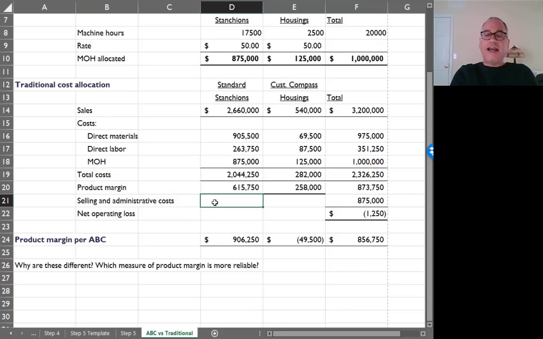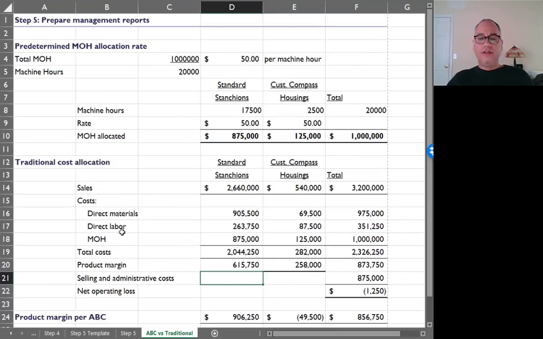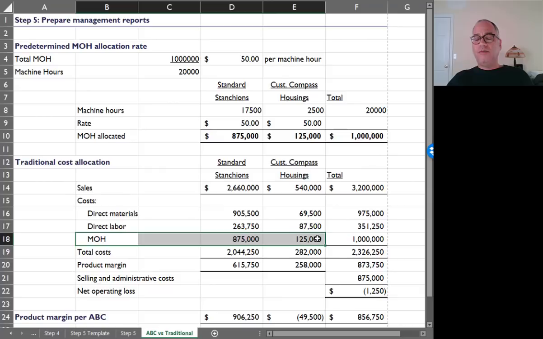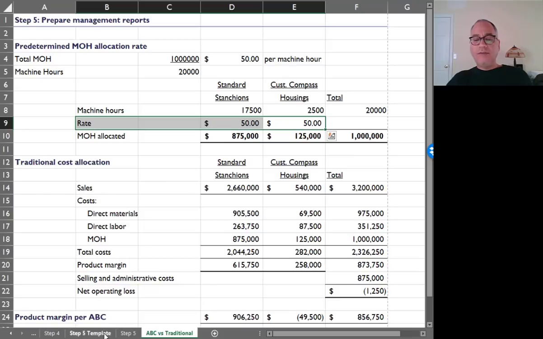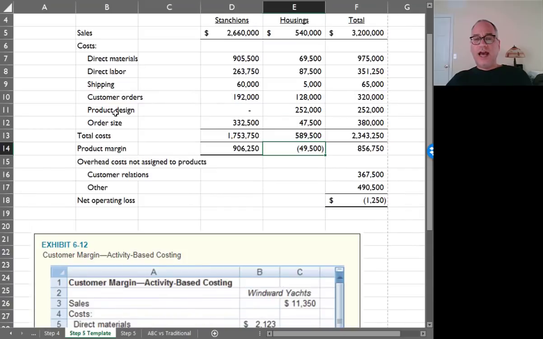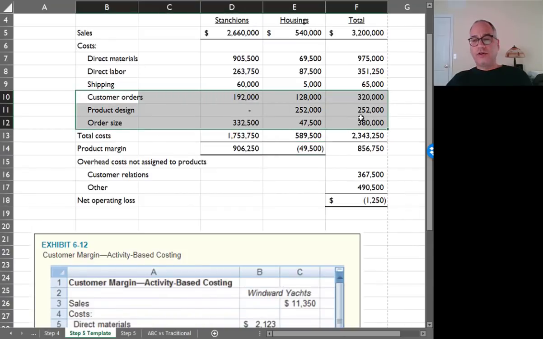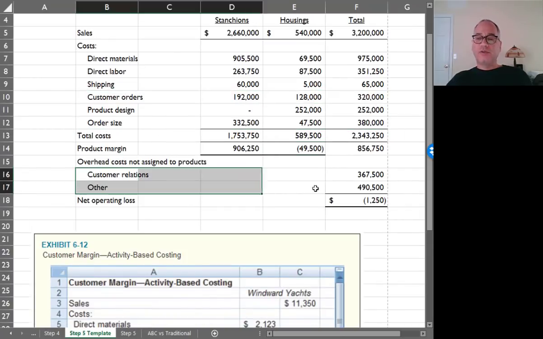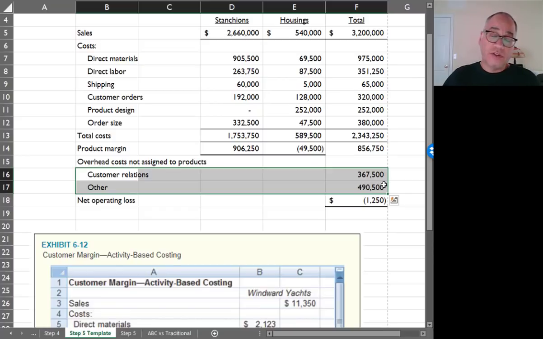And what you've got to ask yourself is, which one is more reliable? Well, it's not so reliable to allocate manufacturing overhead based on only machine hours. I would say it's much more accurate to have all your different cost pools and to allocate the costs according to those, and not allocate customer relations and others, because we've determined they're not really allocable.